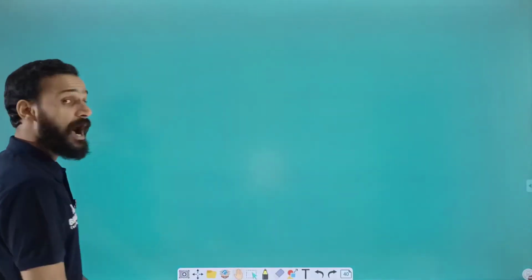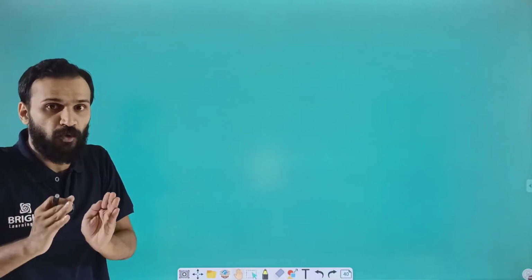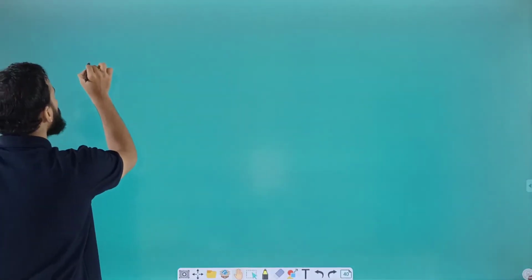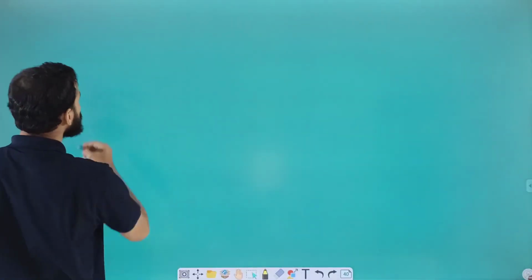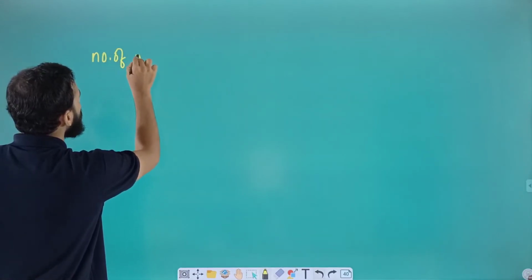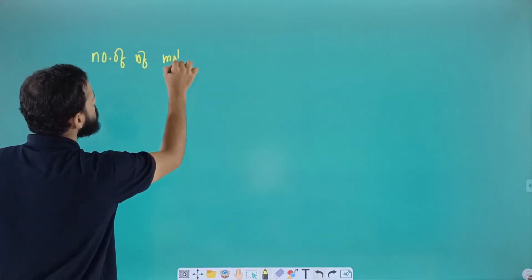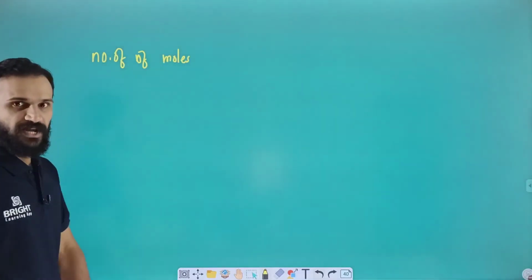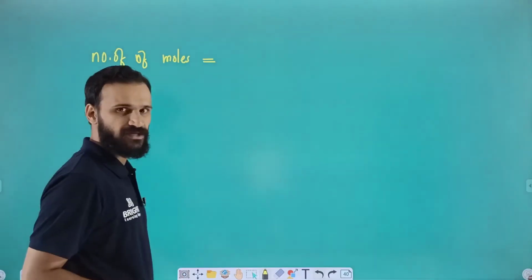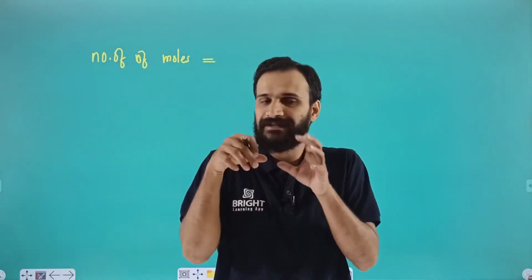So dear students, how can we calculate the number of moles? That's the important question. For the calculation of the number of moles, we have some equations. Based on the situation, we can select the equation.